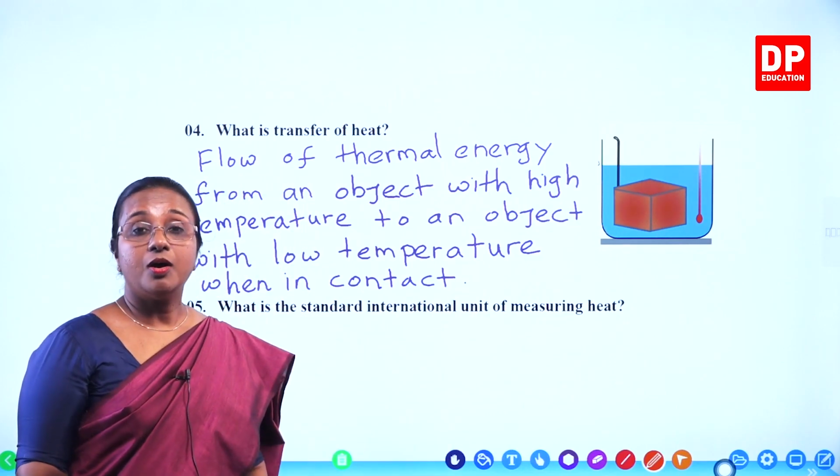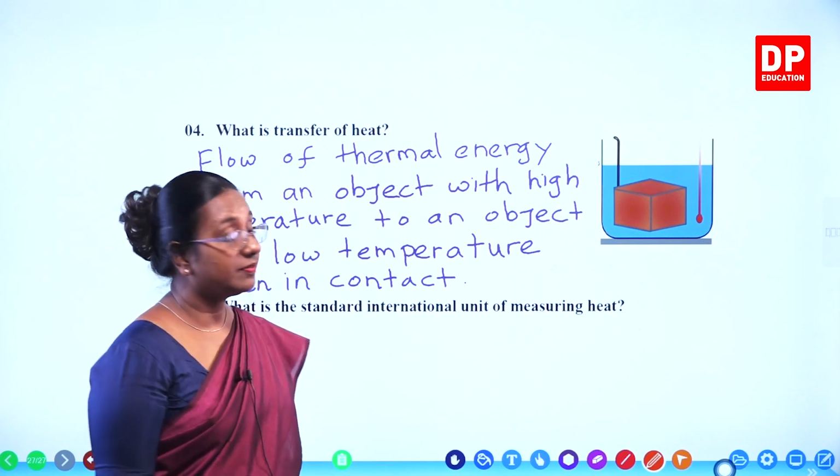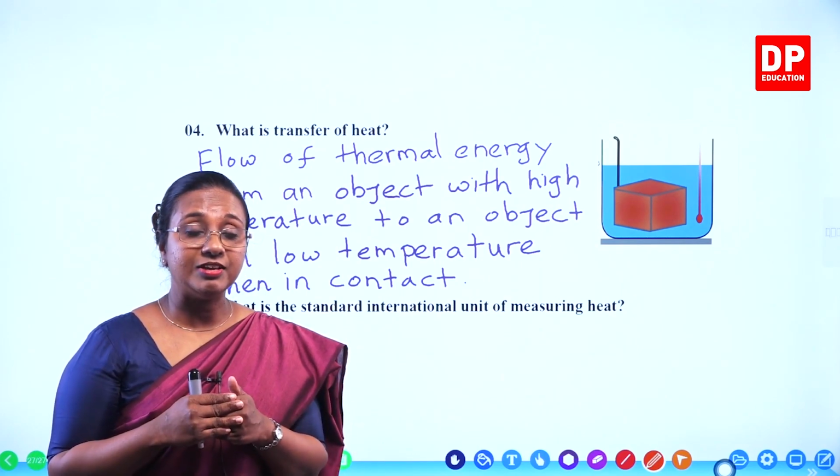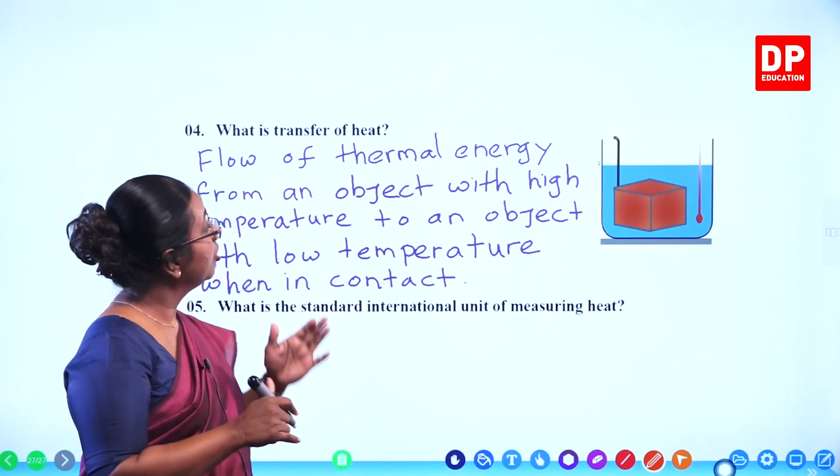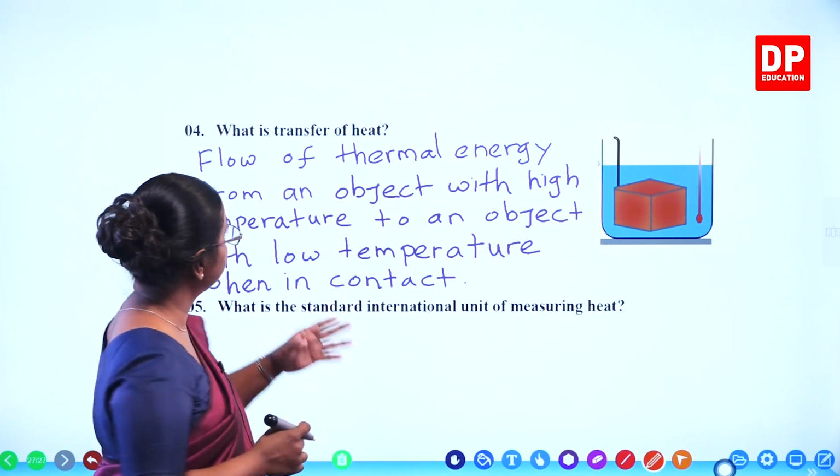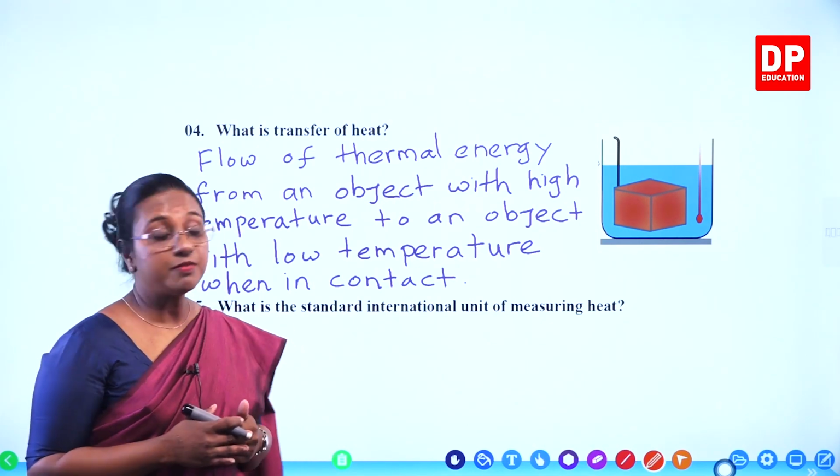So the object with high temperature and object with low temperature have to be in contact with each other. Then there will be a flow of thermal energy. That is what we call as transfer of heat.